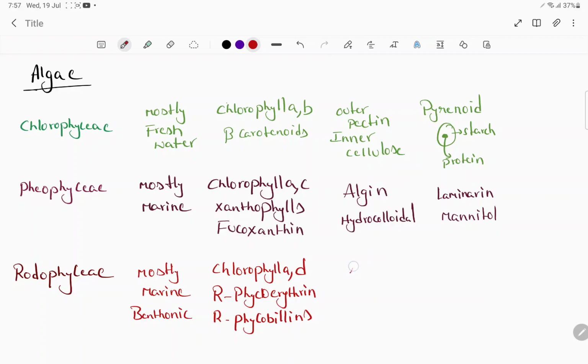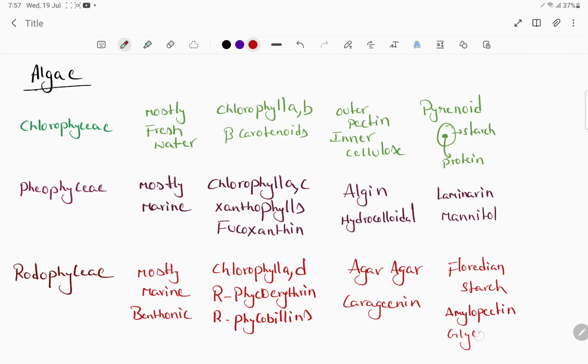And next, here we have agar-agar and carrageenan. And the stored food is Floridean starch, which is very equal to amylopectin or glycogen.